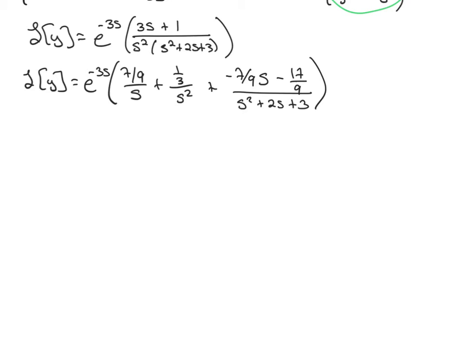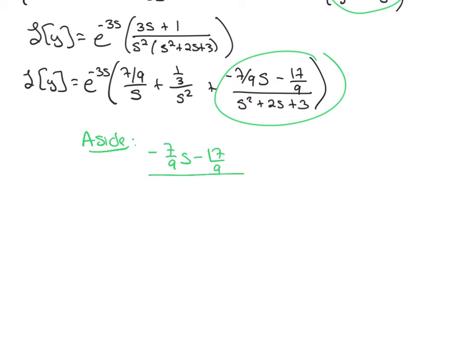Now, I'm going to do an aside here for this fraction, the negative 7/9 s minus 17/9 over s squared plus 2s plus 3, and then we'll come back to the whole thing because we're about ready.